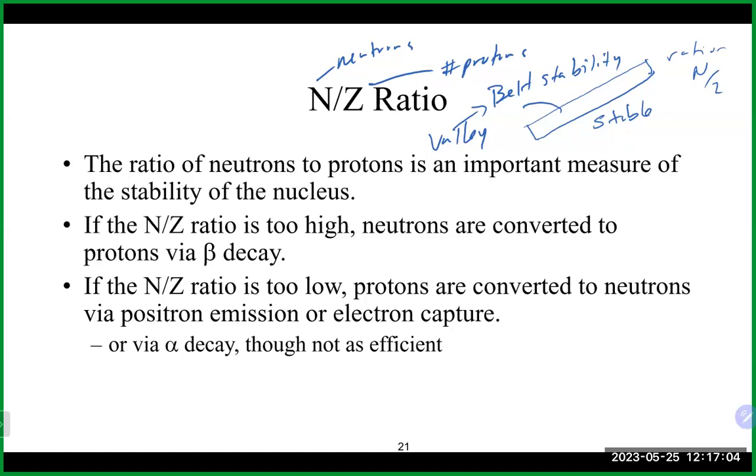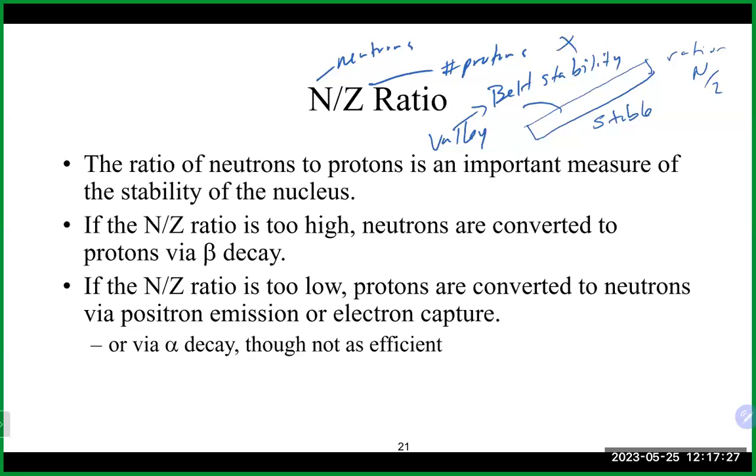And it is really based on, as we will see on the next slide, the number of protons that isotope has. So depending on the number of protons, there's an acceptable ratio. Now, when you calculate this ratio, you could find yourself being too high, which means you're on this side of the valley of stability.